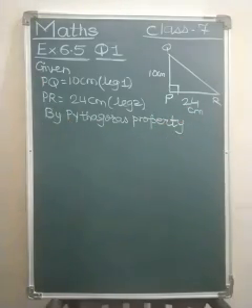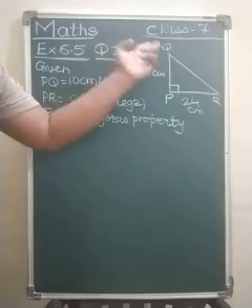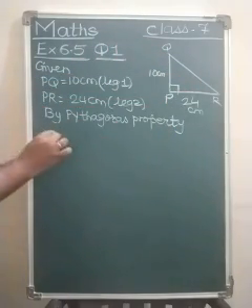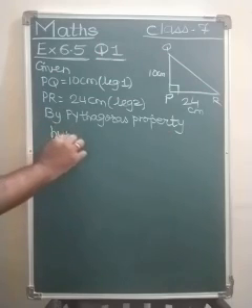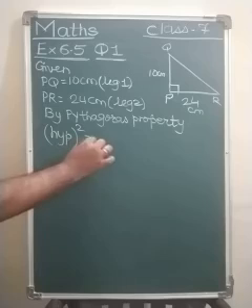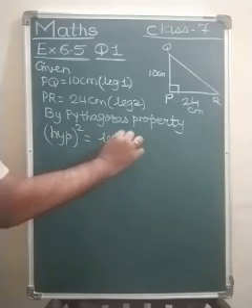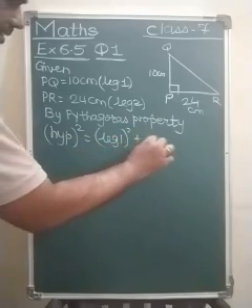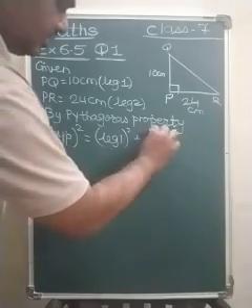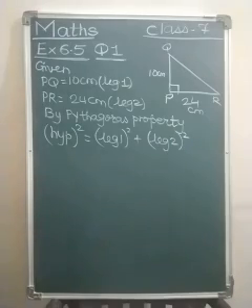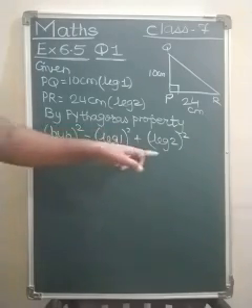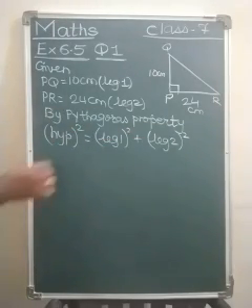What the property says is that hypotenuse square equals leg 1 square plus leg 2 square. What is the hypotenuse?